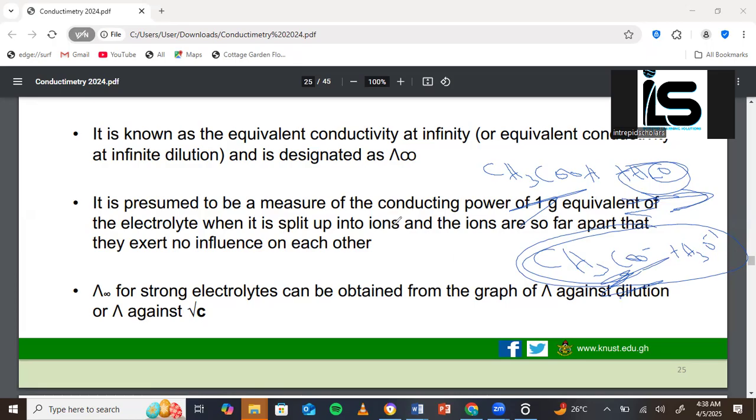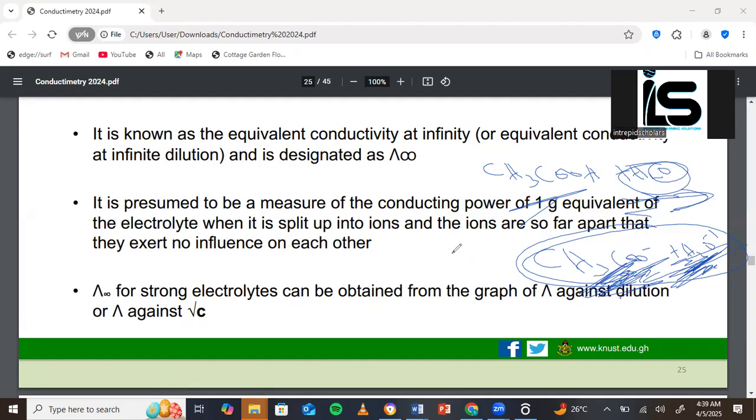Once more water is added, it reduces the ionic interference between the positive charge and the negative species, right? So we can continue adding water to a point of infinity where there will be no interaction. At that same point of infinity, the concentration is also approaching zero, where there will not be any interaction at all. This is where you can actually get the greatest equivalent conductance.